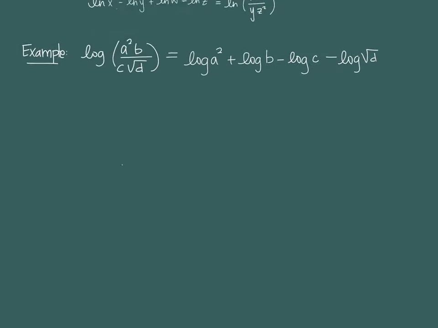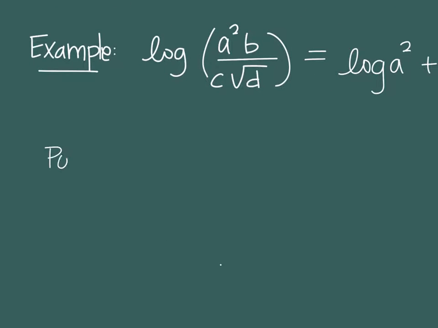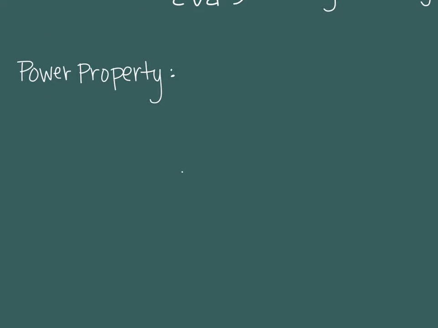Okay, last property. The last one is called the power property. The power property says this. If your log has a base and a number, and it also has a power, let's just call it P to keep it generic.